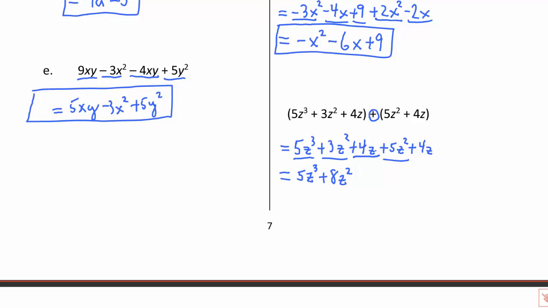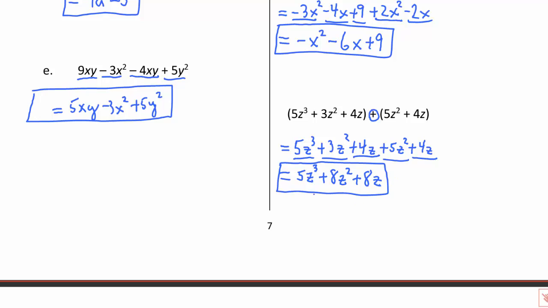Then degree 1, we have 4z, and we also have 4z. 4 plus 4 is 8, so that's plus 8z. So the answer here is 5z cubed plus 8z squared plus 8z.